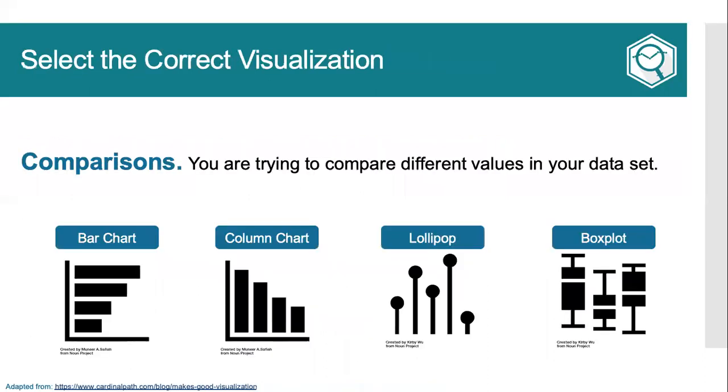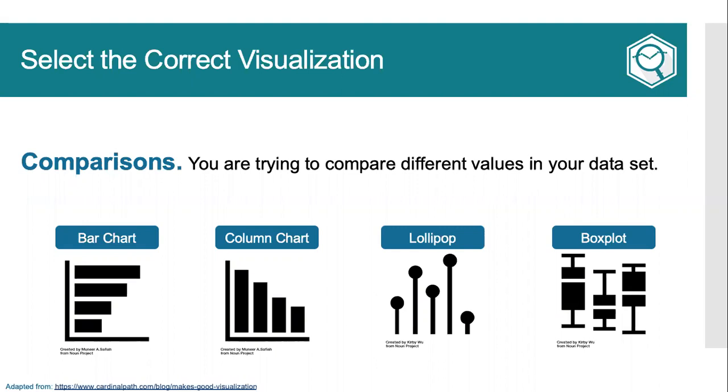So for example, if you want to compare different values within your data set, for example, to compare perceptions in the United States of participants across different countries, or the perceptions for your female participants versus your male participants, there's a specific collection of charts that you might want to use, which include bar charts or column charts.